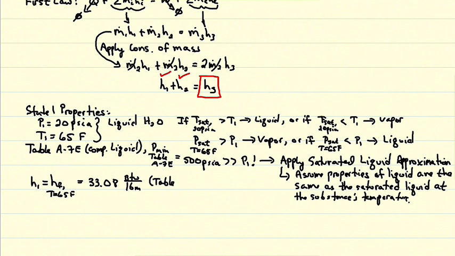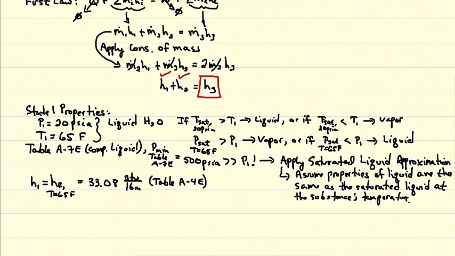Okay, and I get that from table A4E. Okay, so if I look at my first law, I only need H1, so I don't need to write down any other properties here. So we'll go ahead and just leave it at that.